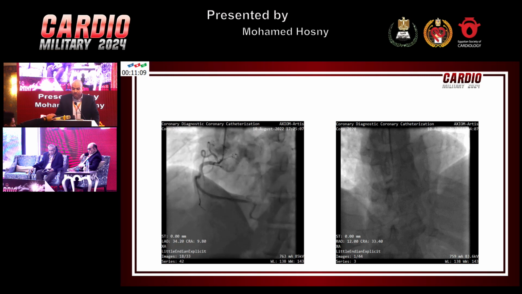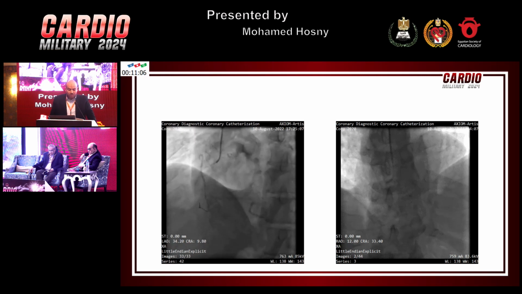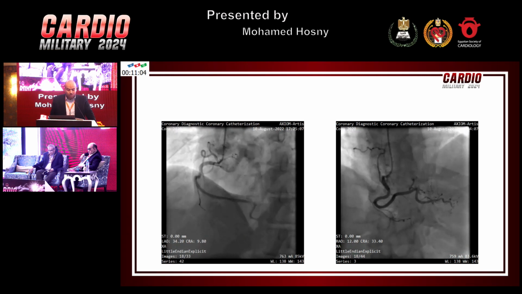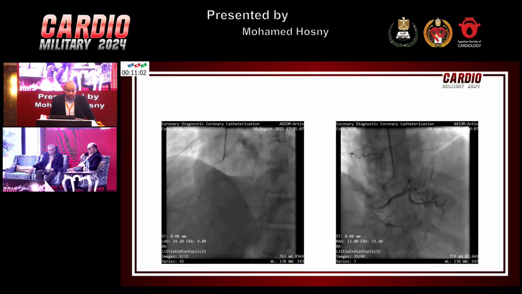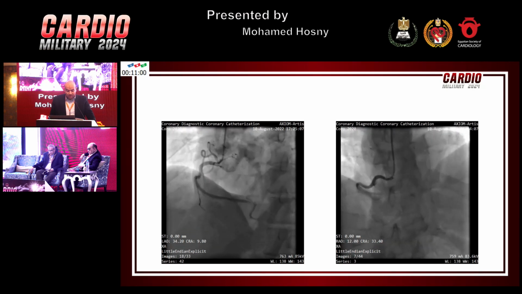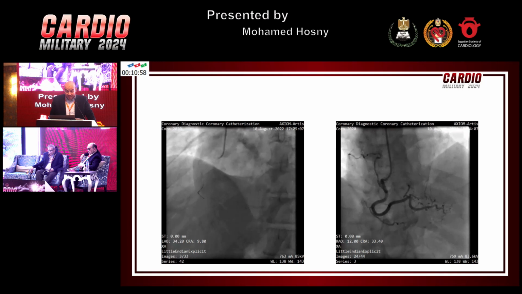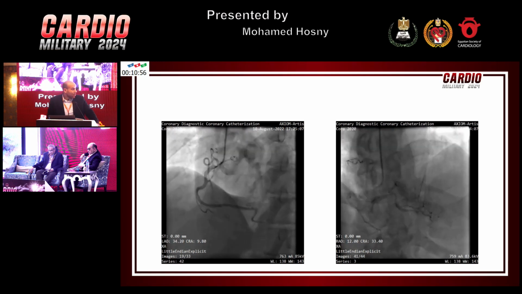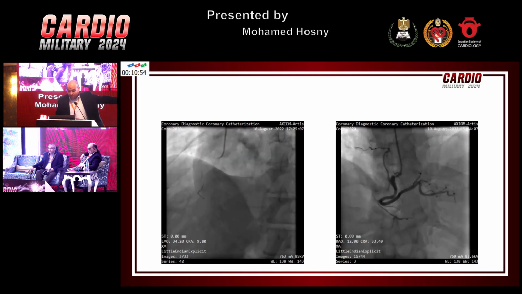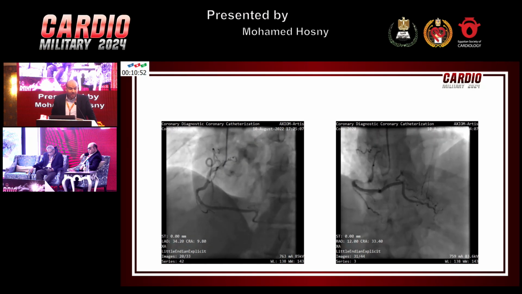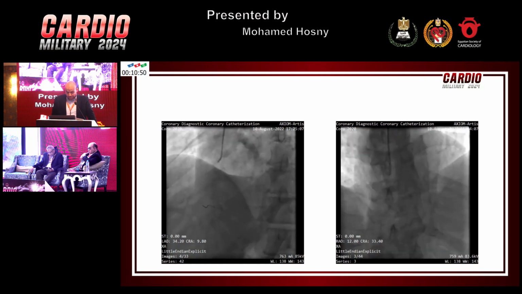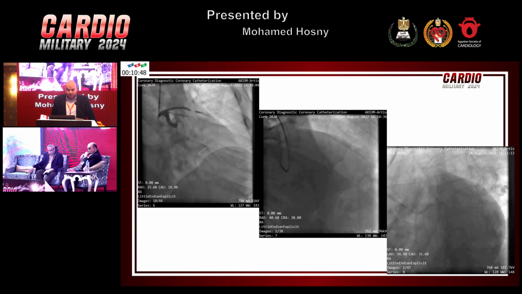When we went for the coronary angiography, starting with the right coronary, we found that the right coronary is a huge, dominant artery, giving a PDA that gives retrograde septal collaterals, as we can see in the left-sided picture, to the LAD through septal collaterals. We went for diagnostic angio for the left system.